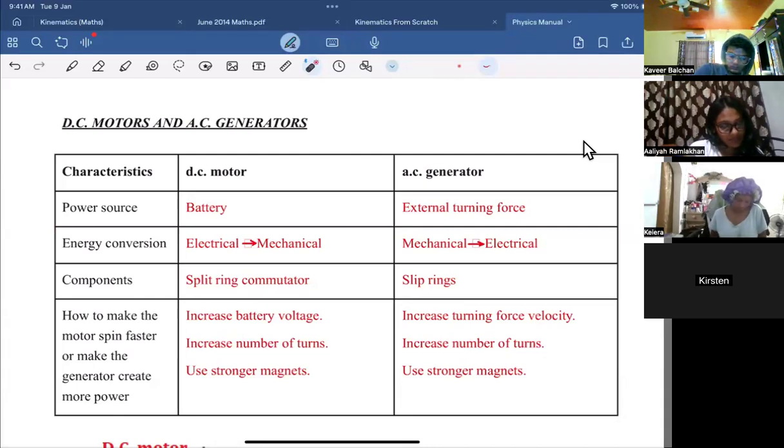Kira, show them your drawings. Kira is really talented. If I see Kira's work, I'll be like, wait. Kira's room is like an art museum. It's actually insane.